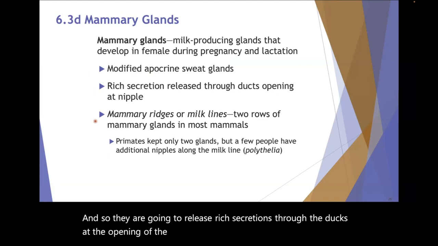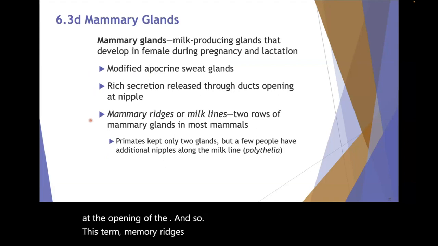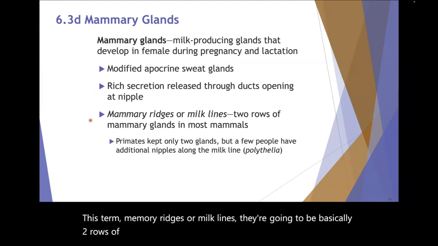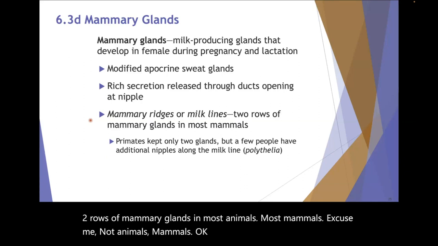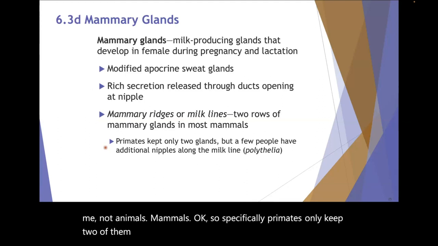This term, mammary ridges or milk lines, refers to basically 2 rows of mammary glands in most mammals, not animals, mammals, okay? Specifically, primates only keep 2 of them, but there are a few people who still have the line of nipples.